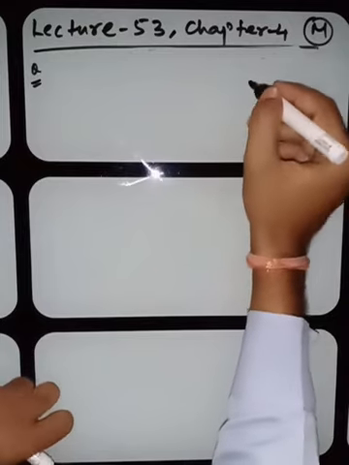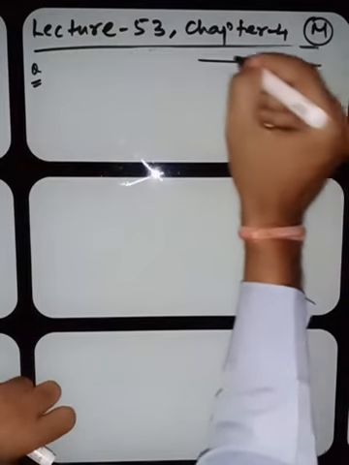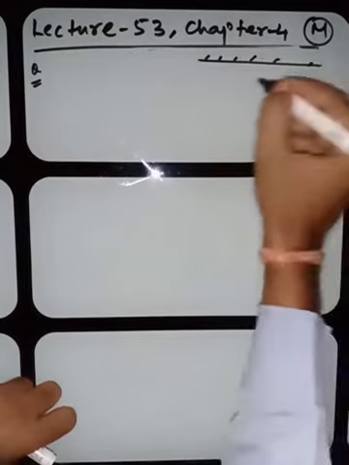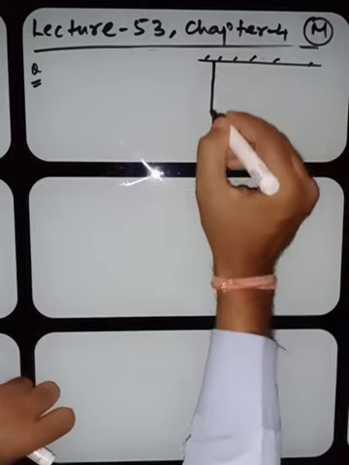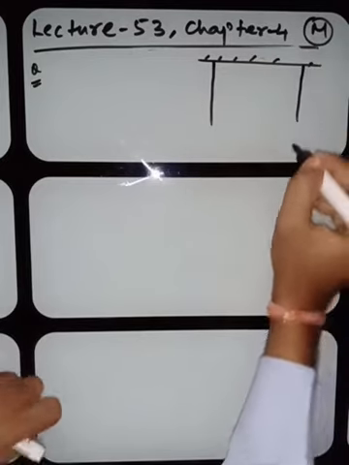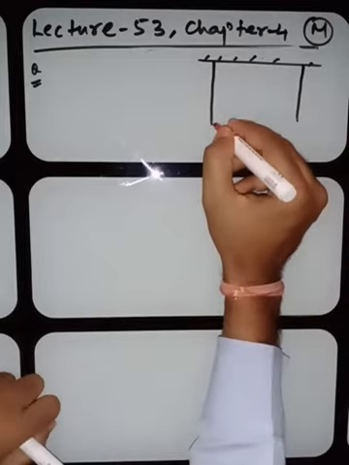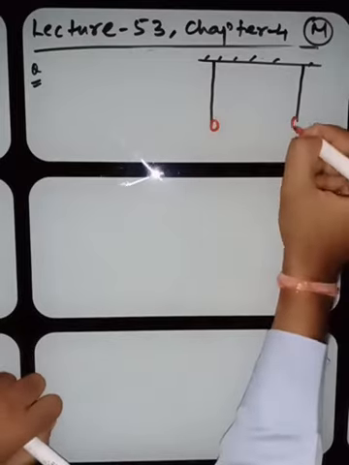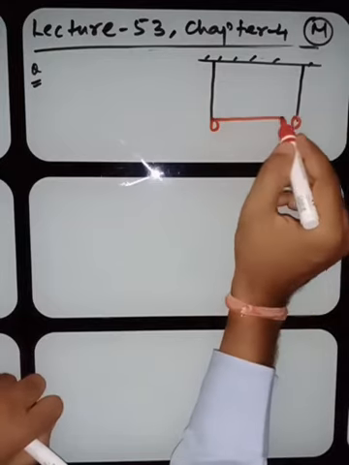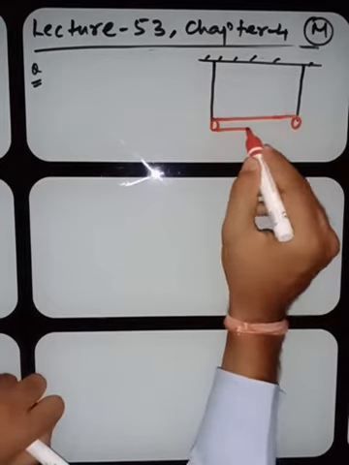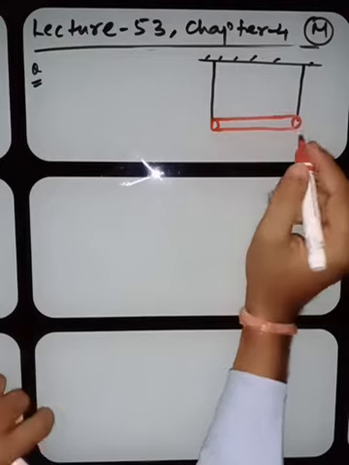Suppose with the help of ceiling, two threads, a metallic rod is being suspended.